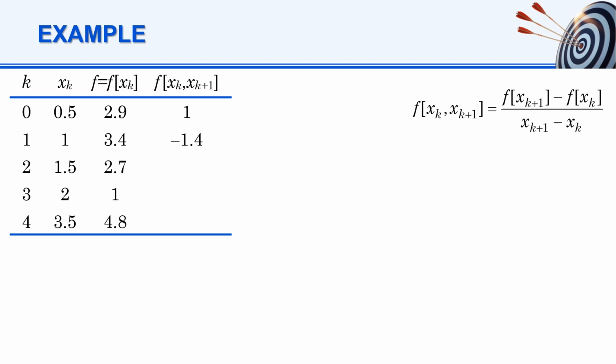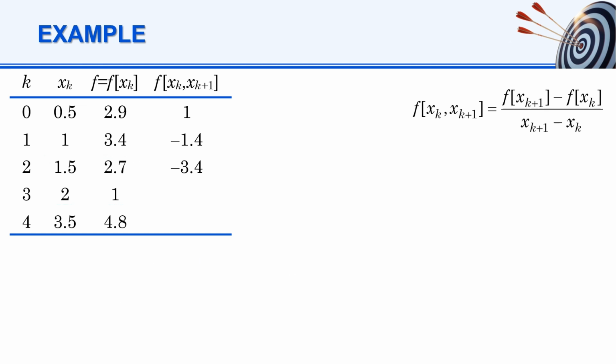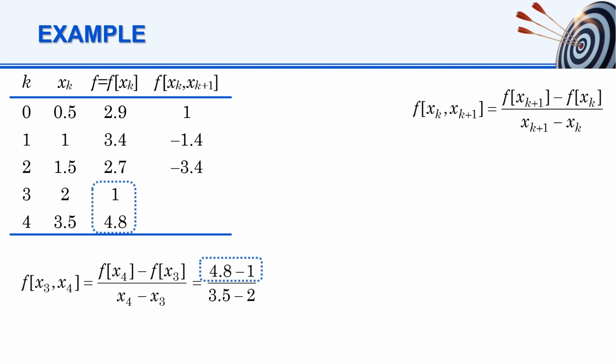The third element of the fourth column, f[x2, x3], is obtained as minus 3.4, as shown below. The fourth and last element of the fourth column, f[x3, x4], is calculated as follows. We cannot further calculate first-order differences due to the lack of data.